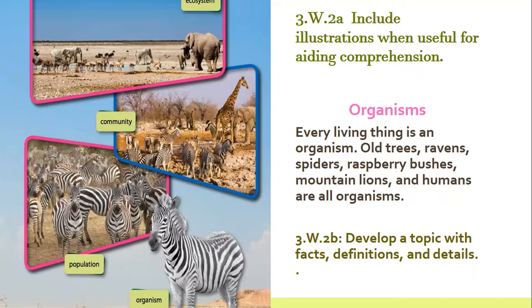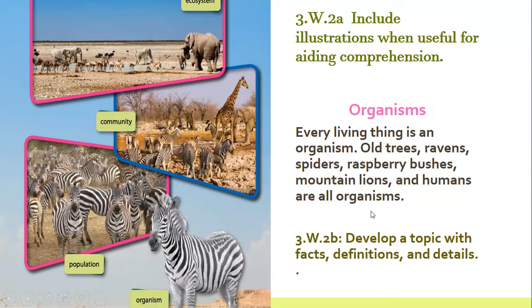Illustrations are a wonderful way to do that. Sometimes an illustration is a photograph. The vocabulary words that were on that page were ecosystem, community, population, and organism. And the word organism was re-explained here.